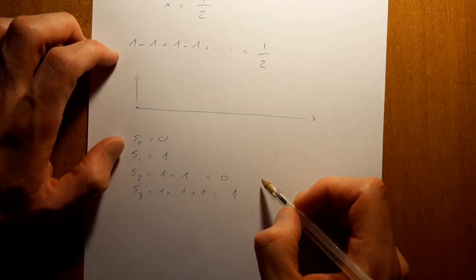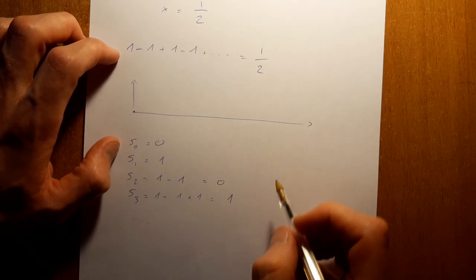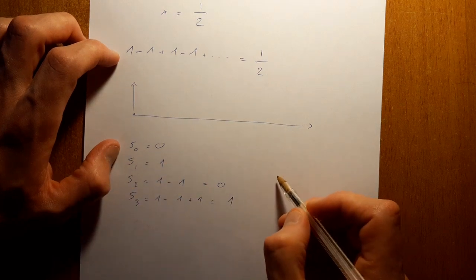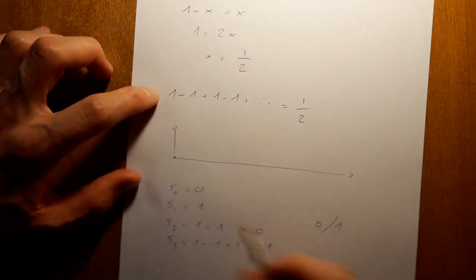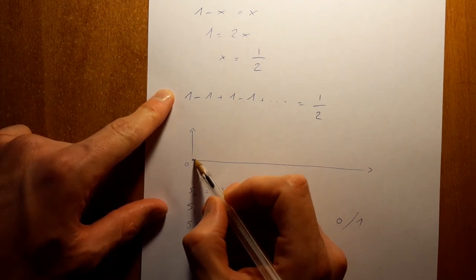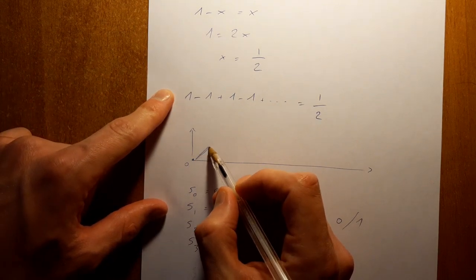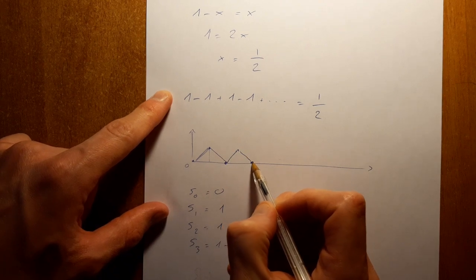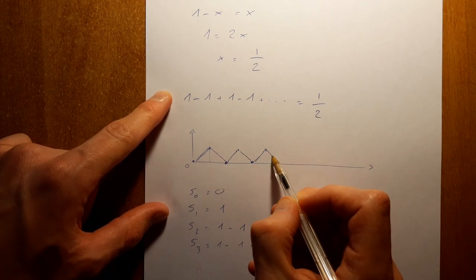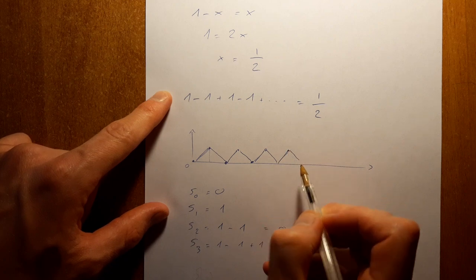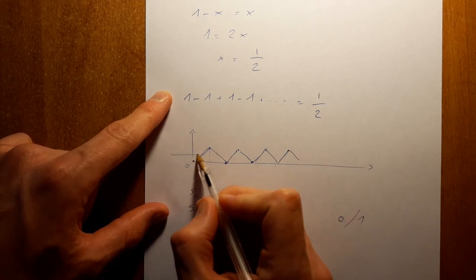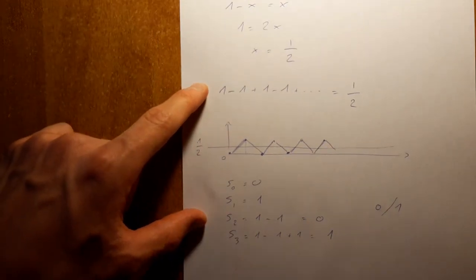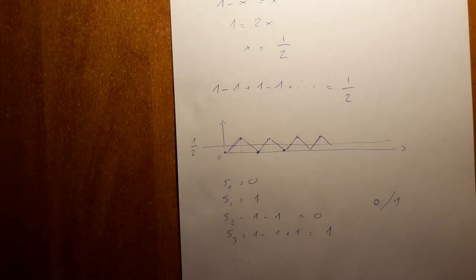The partial sums are 0 or 1: 0, 1, 0, 1, 0, 1, and so on. If we draw an average line, we notice that it is at 1 over 2, a half.